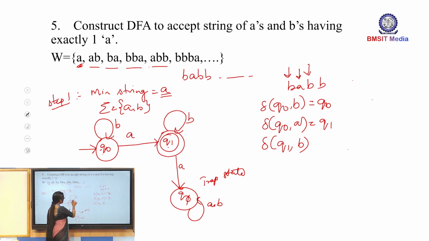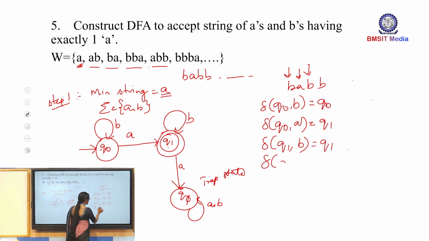On seeing a B, we just loop back to Q1. So I'm staying in the same state, Q1. Now Q1 becomes the current state. What happens when I see the fourth input symbol, which is B again? It still remains in Q1.